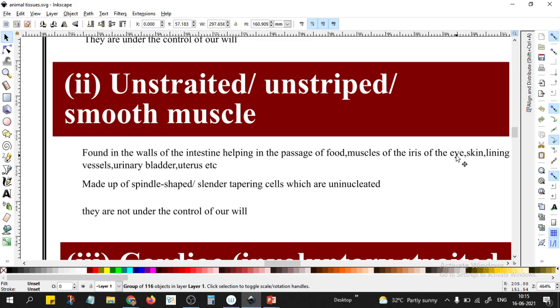So there you can see that is the shutter. The same structure is there inside the eye, that is the iris. So the muscle that the iris is made up of is the smooth muscle. We don't think that I am going into the dark room, now my iris should open up. No, we don't. It is an involuntary function.